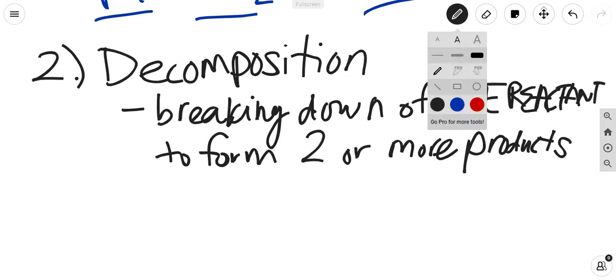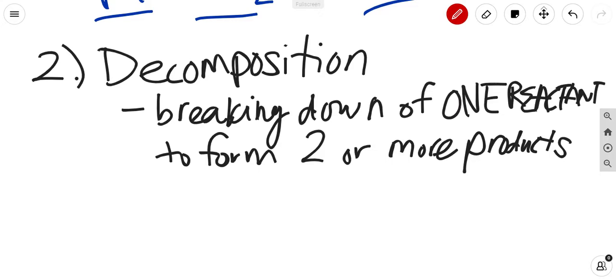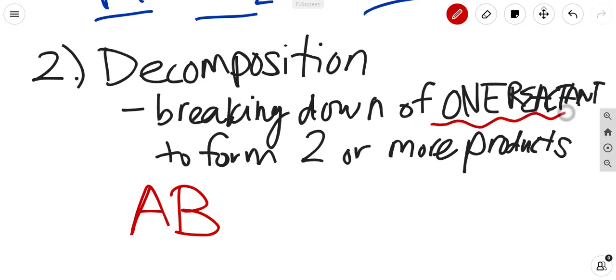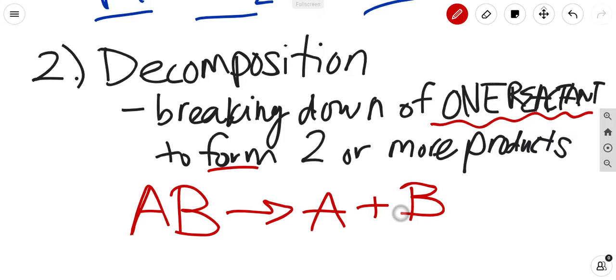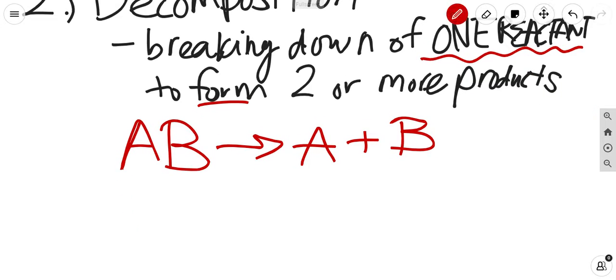So we can write this as the opposite. Here's my one reactant. That's my key word. It's going to form 2 or more products. Okay. So you can decompose water into its 2 gases.